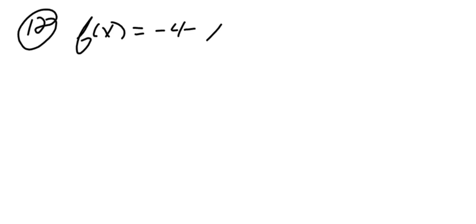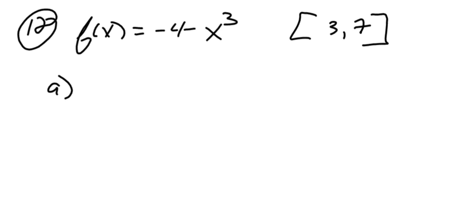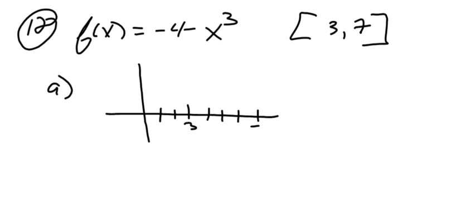I'm going to start with number 12. We're given the function f of x equals -4 minus x cubed on the interval from 3 to 7. The book wants us to graph it, and I'm going to do a very quick sketch. It technically graphs like this, below the x-axis.